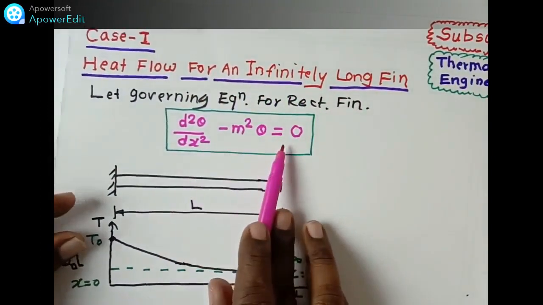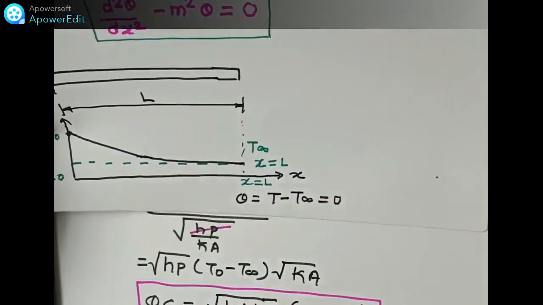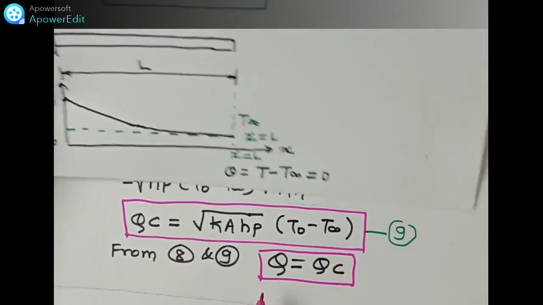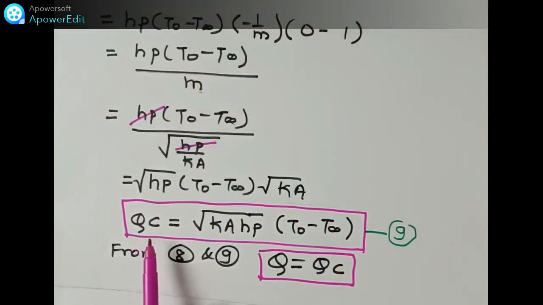For this differential equation solution we got, and after finding C1 C2 value finally we obtain this equation, heat flow rate Q is equal to QC.